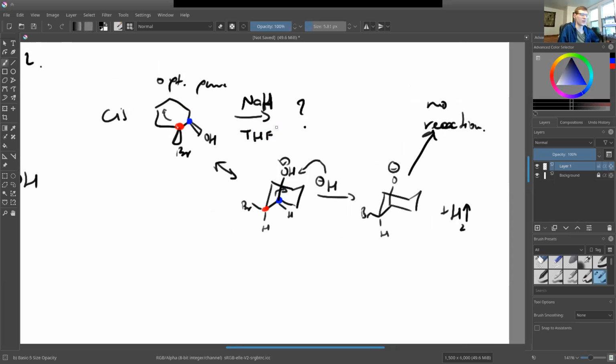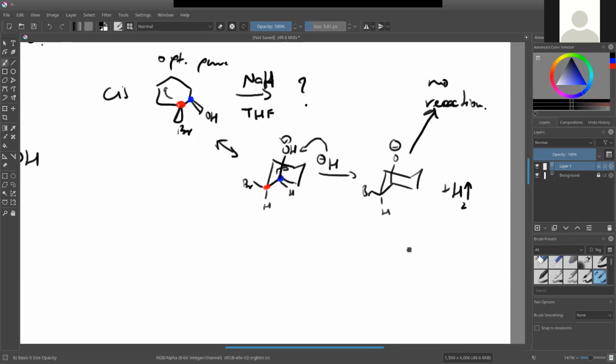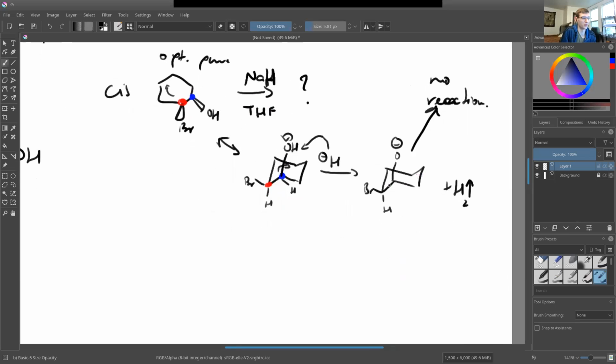You could assume this is an SN2 or polar aprotic solvent. The point that you mentioned is exactly the point I was getting at here, which is, yeah, you would want to do SN2 because this bromine's a nice leaving group. It'll come off pretty nicely, but you can't here, right?